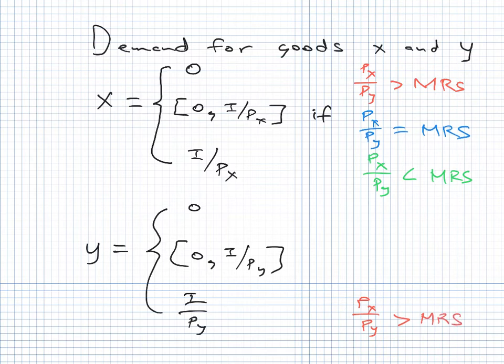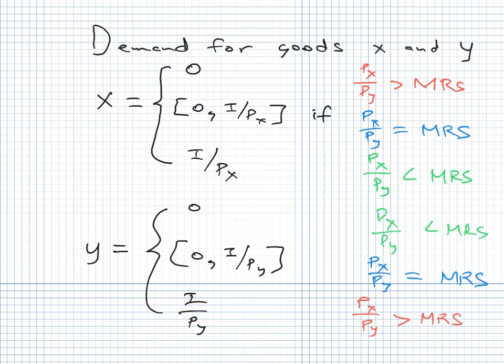On the other hand, she was going to buy 0 units of good Y if we were in the third case and Px over Py is less than the marginal rate of substitution. And then finally, be in the middle case, case 2, if Px over Py is equal to the marginal rate of substitution.